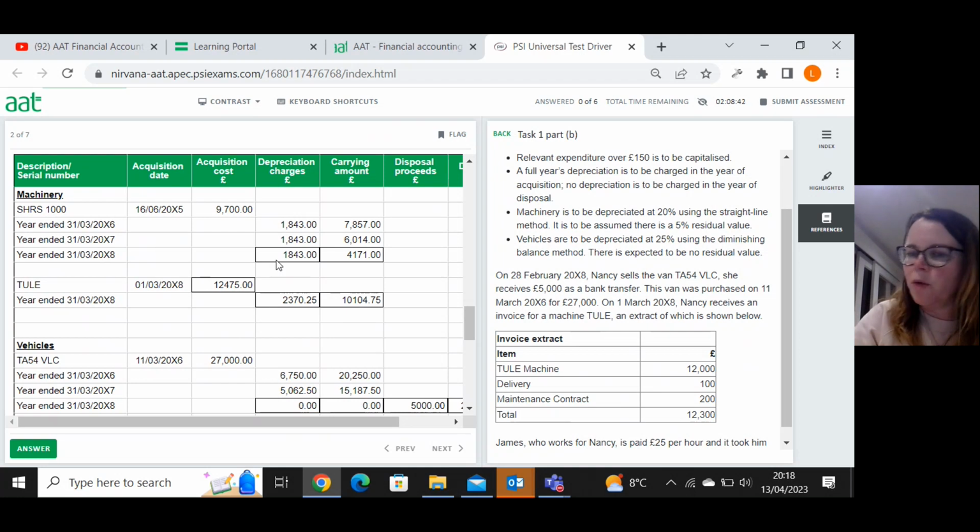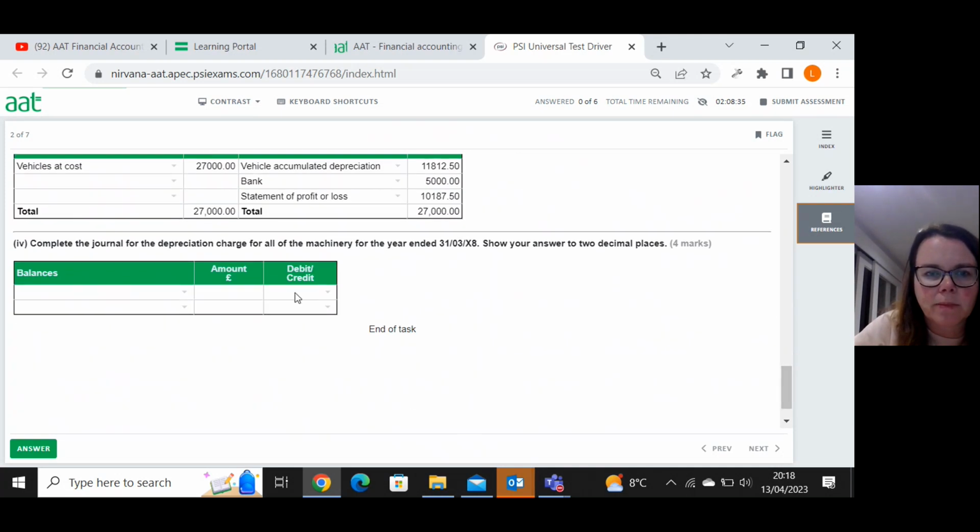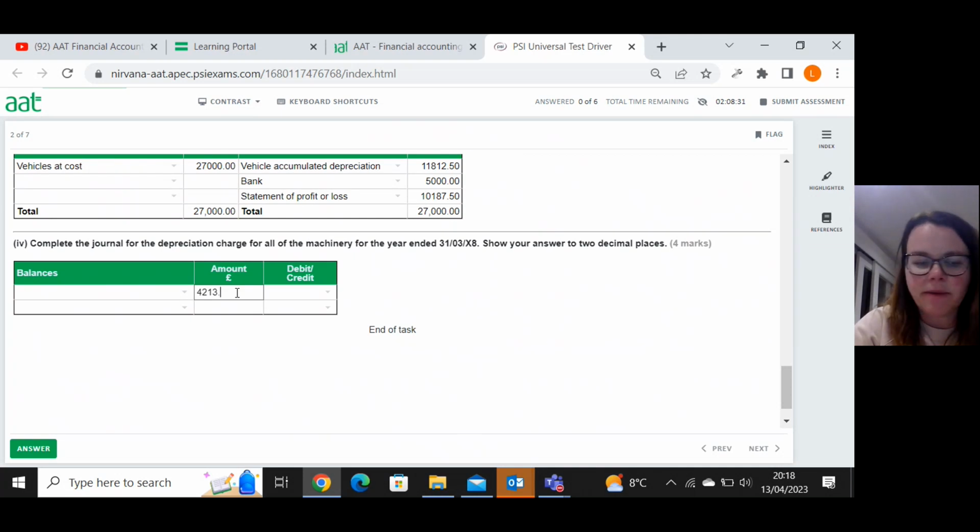So that's 4,213.25. Right, so any journal has the same figure, debit and credit. So before I forget the number, I'm just going to type it in. One will be a debit, one will be a credit. So I'm getting marks before I even think about what the narrative needs to be.